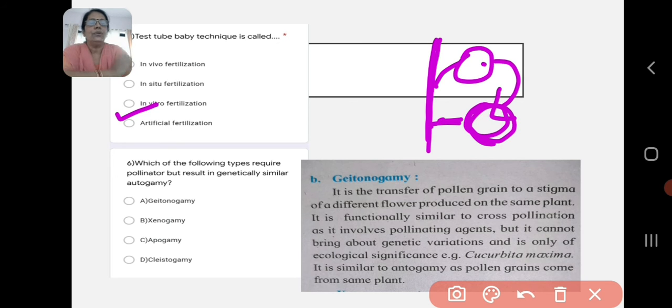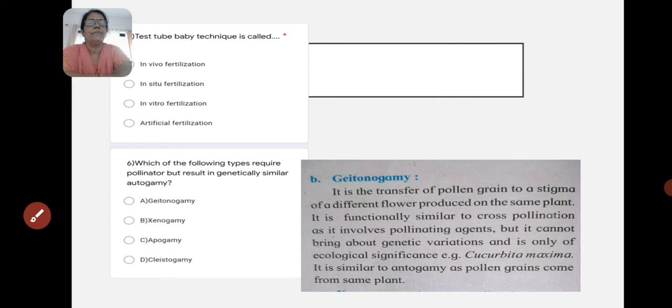Genetic variation does not take place because the genes and genotypes are the same in both flowers, and that's why the answer is Geitonogamy.